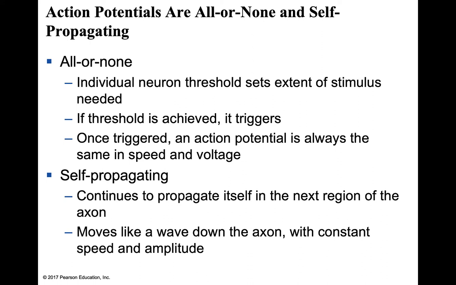When you knock one down, it knocks down the other, and so on. And notice all those dominoes are the same size, they look alike, and so that's how action potentials are propagated. It's not the same action potential moving down the axon. You keep on generating them as you move down. Okay, that's really important. And as I said, they're identical in speed and amplitude, which is the size.